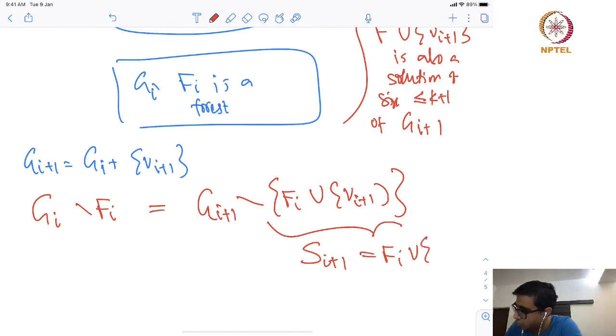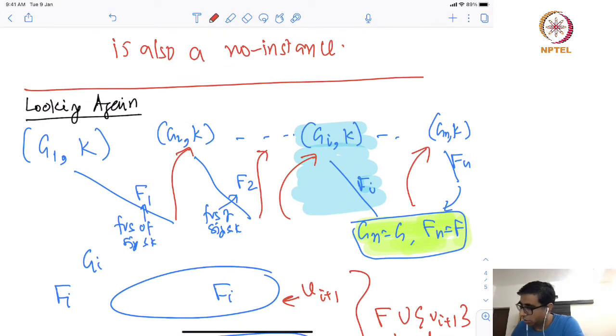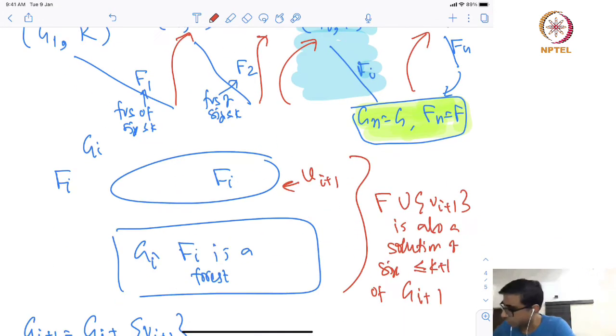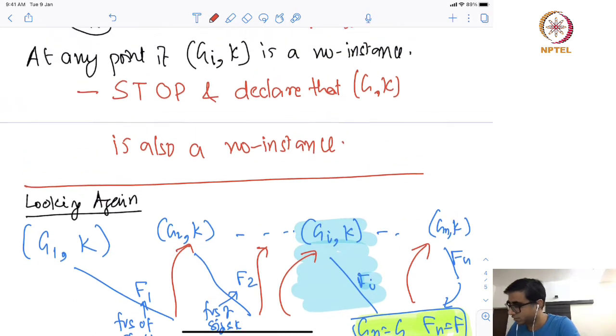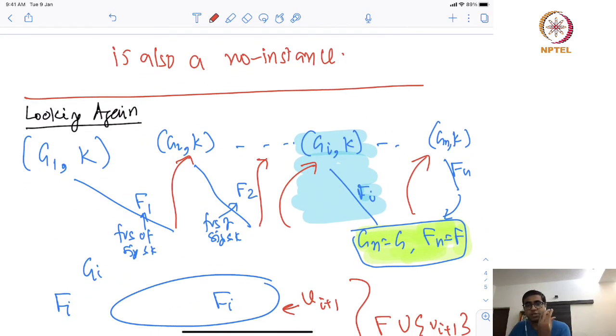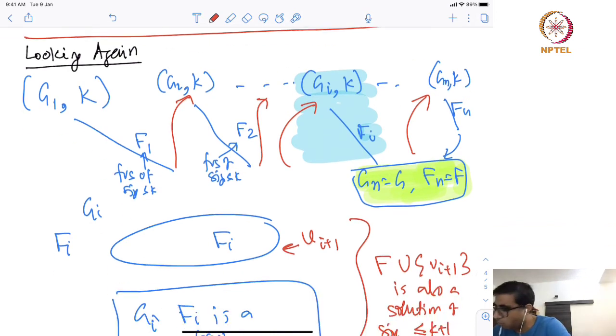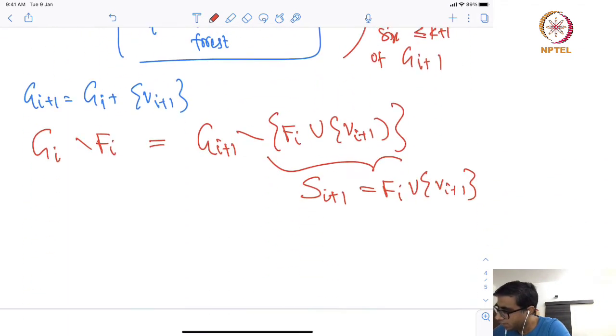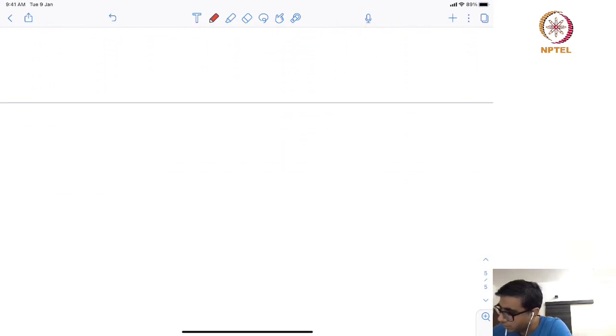Fi union Vi plus 1. Let us just leave it that way. So, we are getting additional information. So, what is the new instance? Look at what is the new information we are getting. The new information we are getting is the following problem.